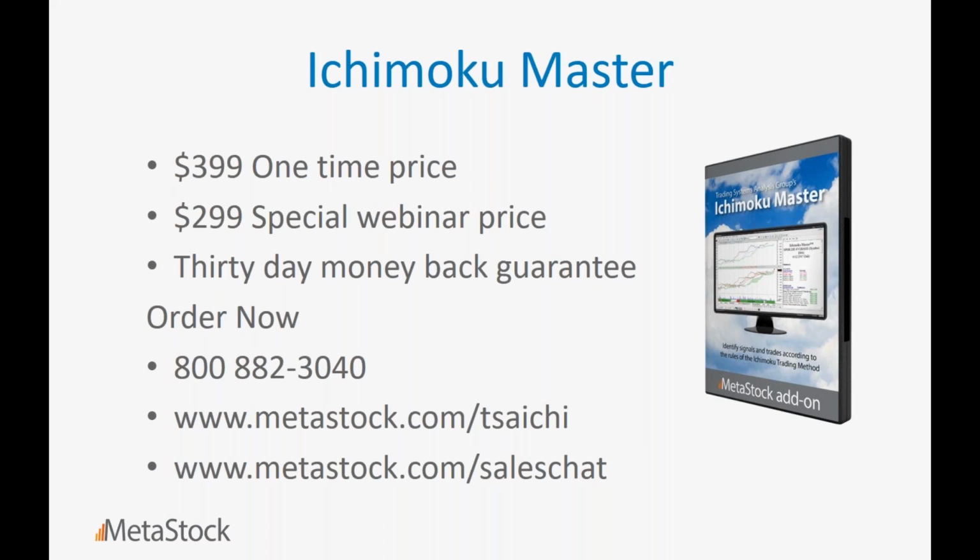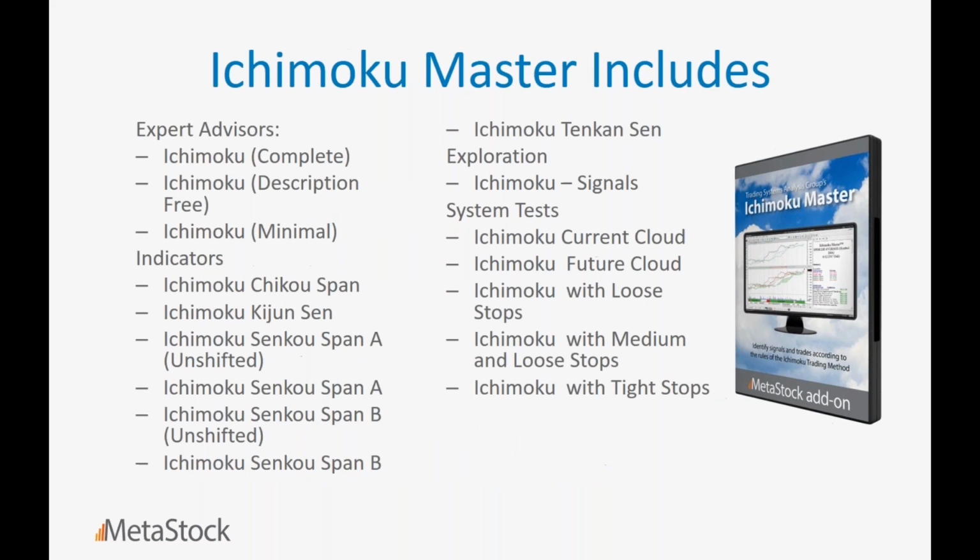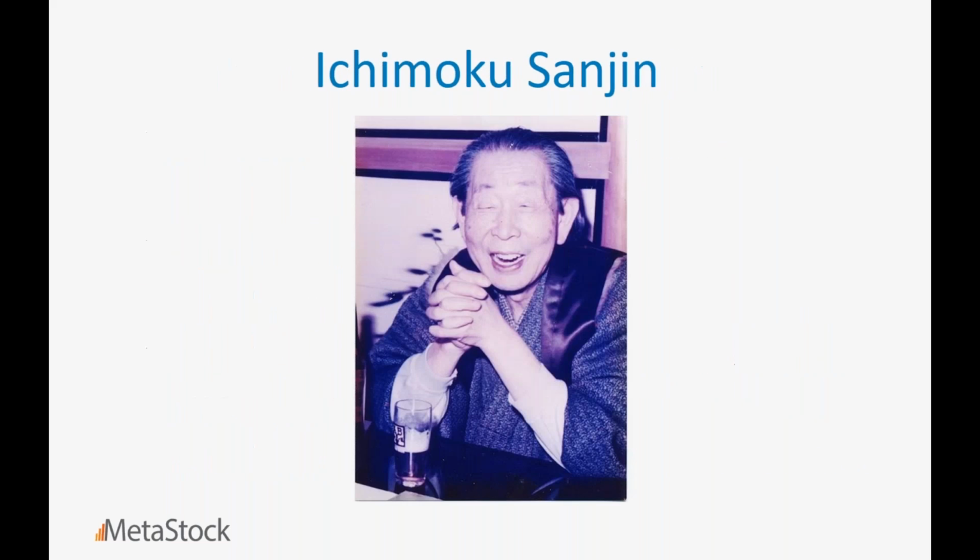One of the other things I would have talked about a little more specifically is how proven a method Ichimoku is. Maybe he did talk about it and I missed it, but it's a method created by Ichimoku Sanjin in the 1930s. Am I getting that date right? He started in the 1930s and used a lot of students and interns to design this over the next 30-something years.